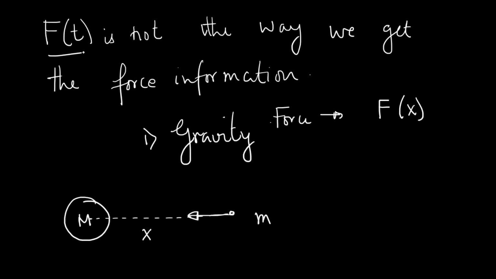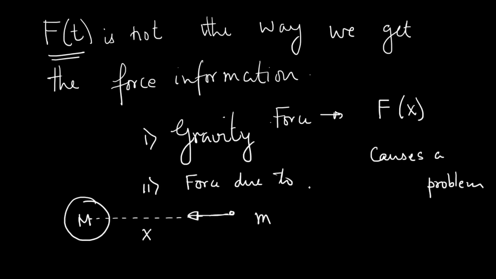This is a major difference, and this causes a problem which I shall explain a bit. But before that, let me state one more example which will play a big role in this chapter, which is the force due to springs.